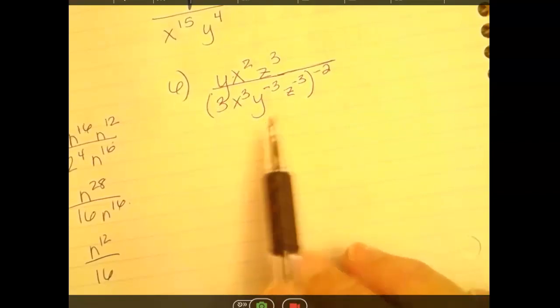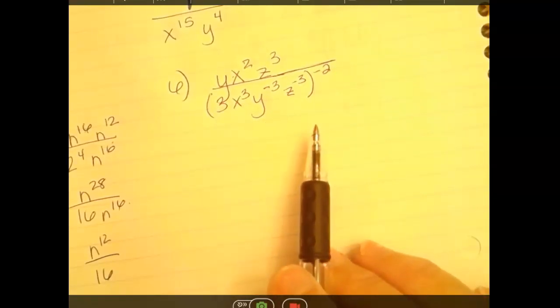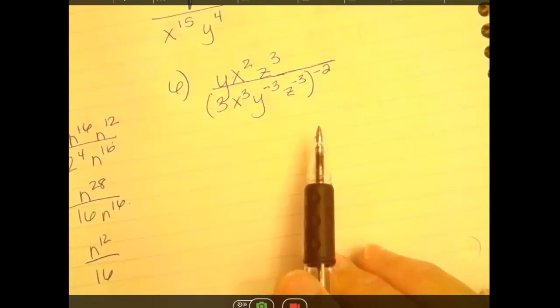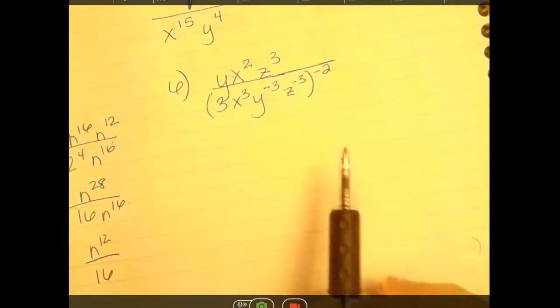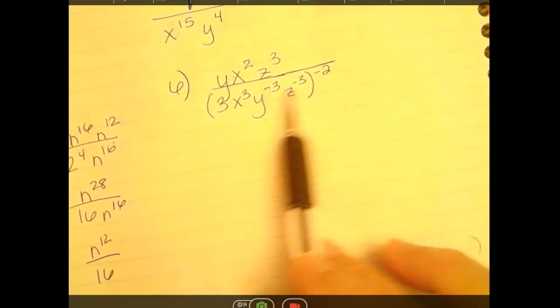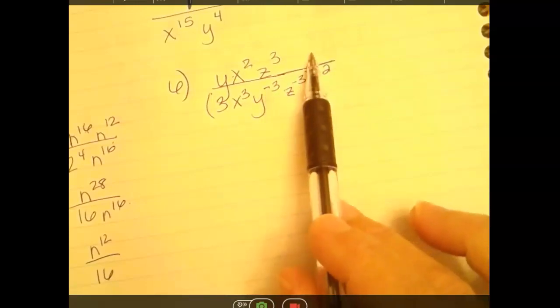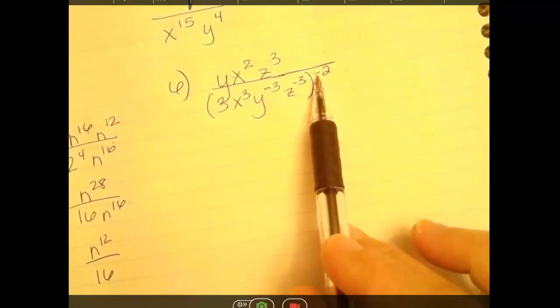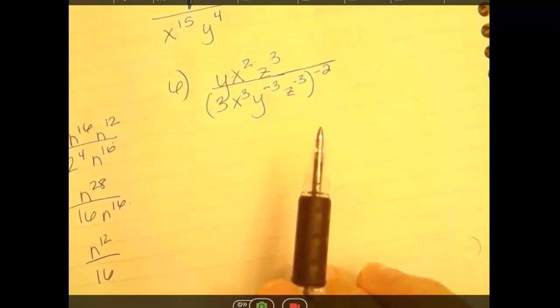And so this is the first time we've had a number to a negative 2 power. So there's also two ways to do this. The negative 2, we could just think of this as telling us to move this whole parentheses up to the top, right? Because that's what a negative exponent does, it moves it all to the top, okay?